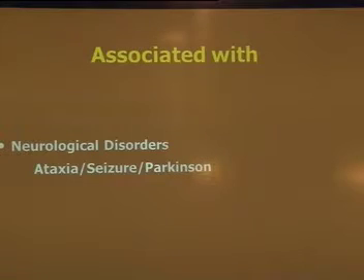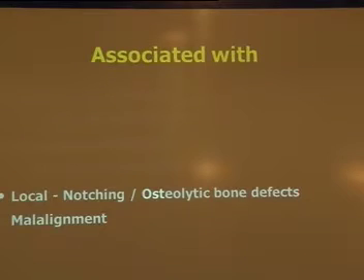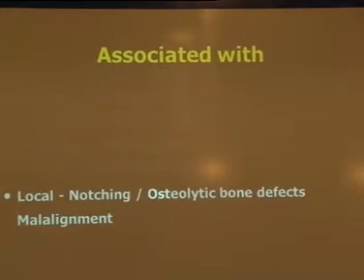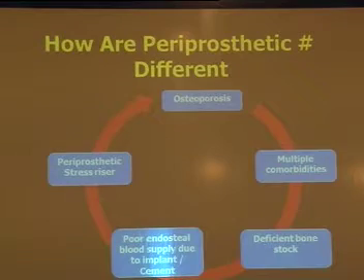They are usually patients who have rheumatoid arthritis. Then certain neurological disorders, ataxia, seizures, and Parkinsonism. Local notching, particularly if you notch both the condyles of the femur, osteolytic bone defects or malaligned components, and finally if you have a stiff total knee and you try and manipulate, you can land up having a periprosthetic fracture.